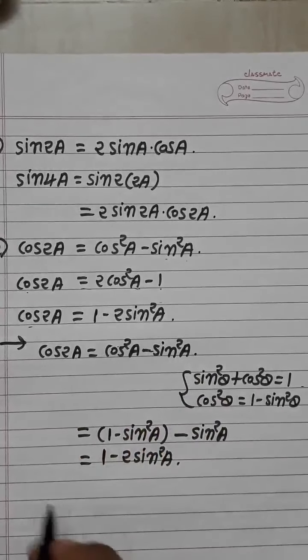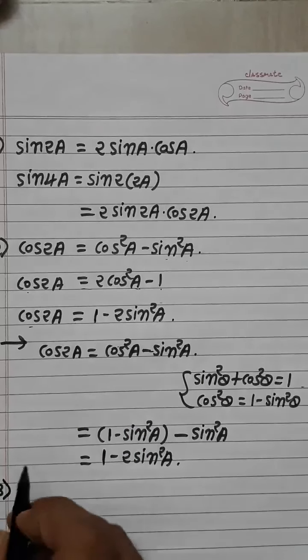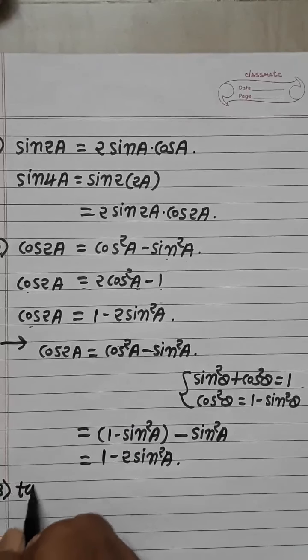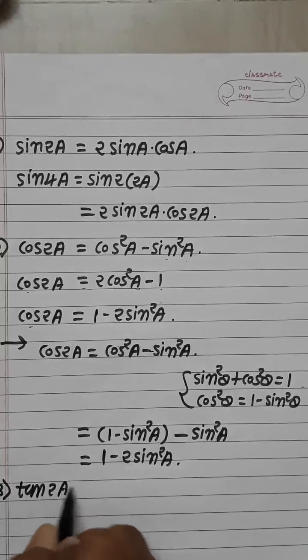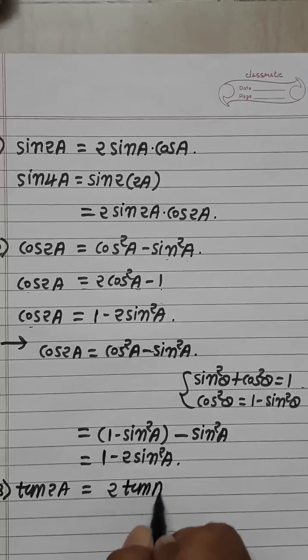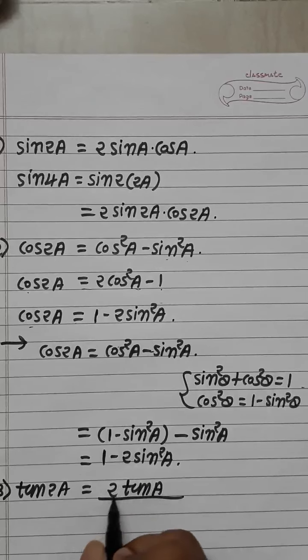Now third formula, tan 2a is equal to 2 tan a upon 1 minus tan square a. So now related to this formula, let us discuss one example.